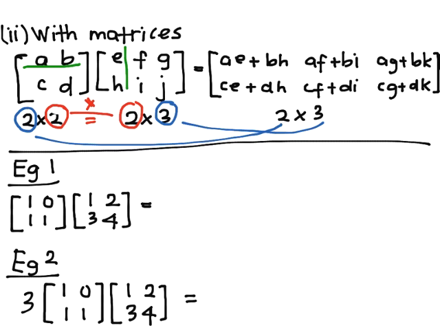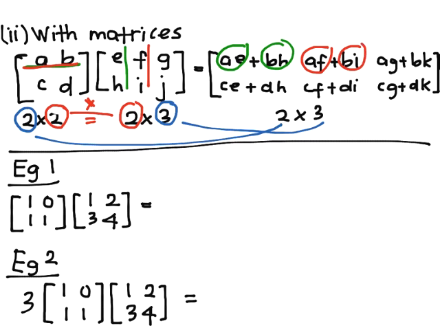Which means A multiplied with E plus B multiplied with H. Then we go with the first row with the second column, so we multiply A with F plus B multiplied with I. So always go with plus.